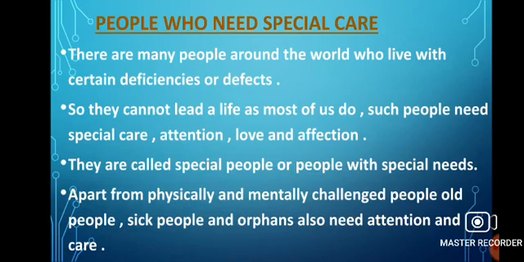Children, when we are young, we are strong and energetic. As we grow older, our energy levels go down, means our ability to do work reduces. So, the old people are not able to perform all activities by themselves. That's why they need special care.